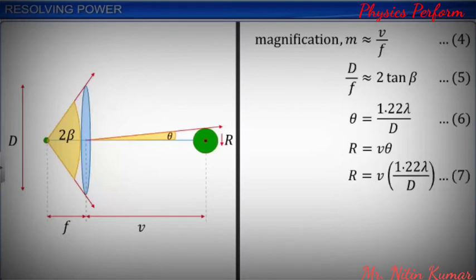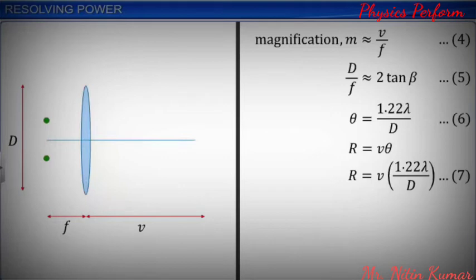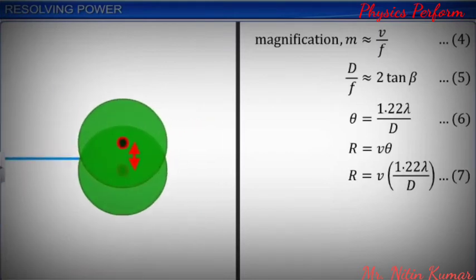If we have two objects separated by a small distance d before the objective of the microscope, we observe two diffraction patterns corresponding to the two images. As the separation between the two objects decreases, the distance between the two images also decreases. If the separation between the two images is less than r, then the images are not resolved.